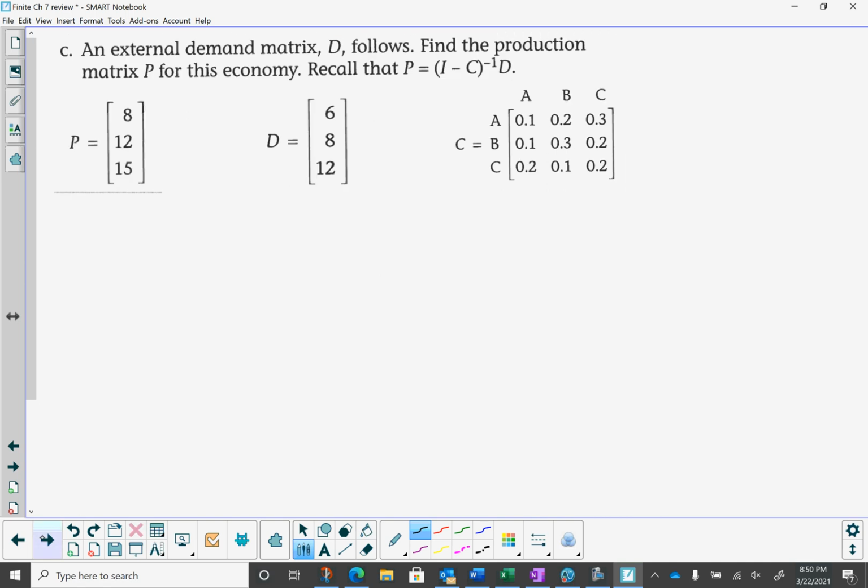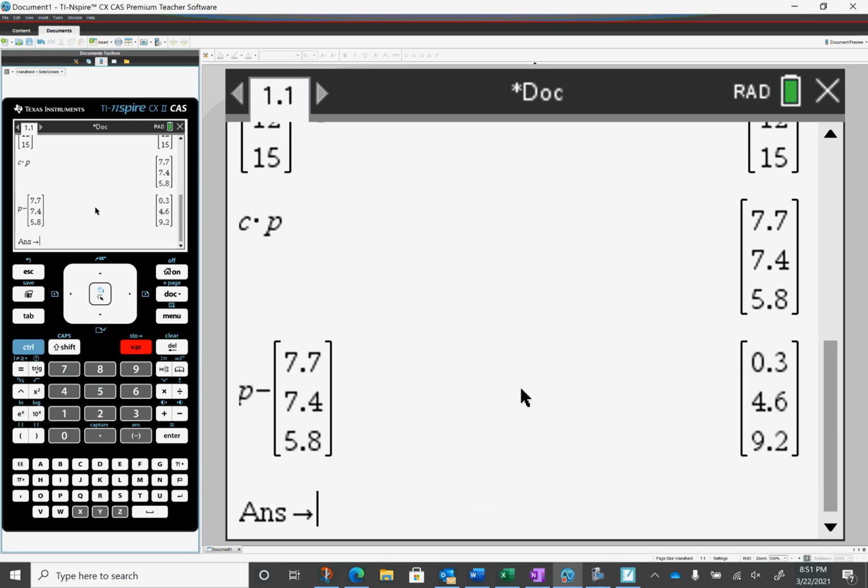Now, the very next one here asks us to find the production matrix, recalling that the production matrix is equal to the identity matrix, that's what the capital I stands for, minus, here we have matrix C. Once we do that subtraction, then we take the inverse and multiply it by matrix D. Now, before I go any further, this is the demand matrix that was just calculated here.